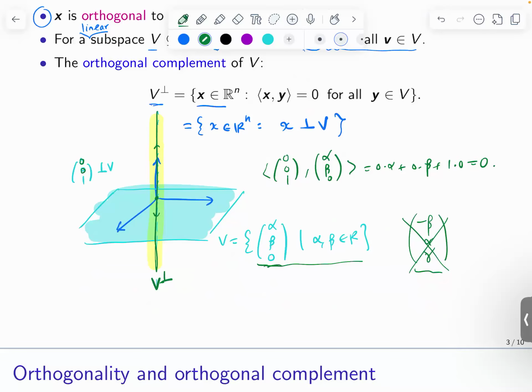So what is the orthogonal complement of V perp? This turns out to be also a linear subspace in itself. Let's say this is W, some other linear subspace. We can verify that it satisfies the axioms of a linear subspace. So what is the orthogonal complement of that? V. Who said that? Okay, what's your name? Alfred.